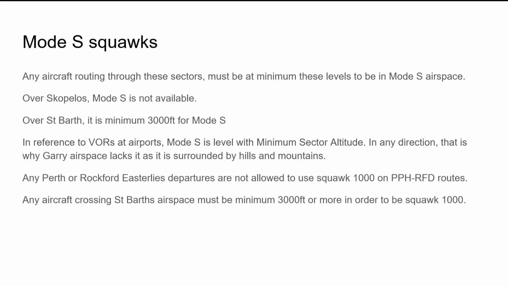So Mode S is level with minimum sector altitude. So in any direction. So if the minimum sector altitude, the minimum sector altitude on ATC 24 is 500. Don't fly below 500 if you want to be controlled any closer.